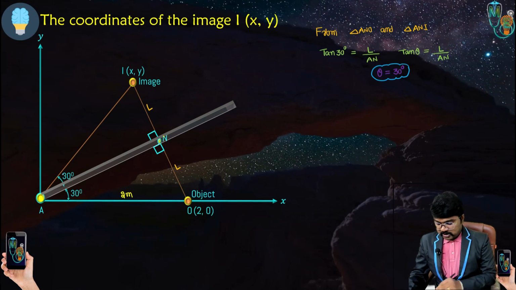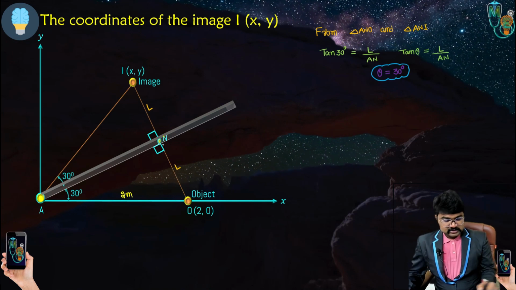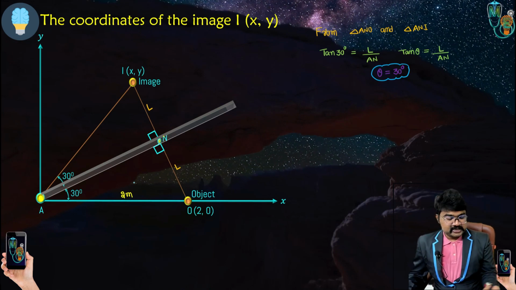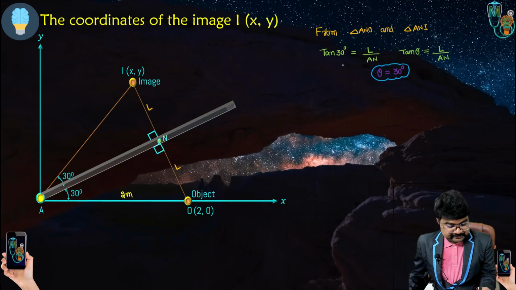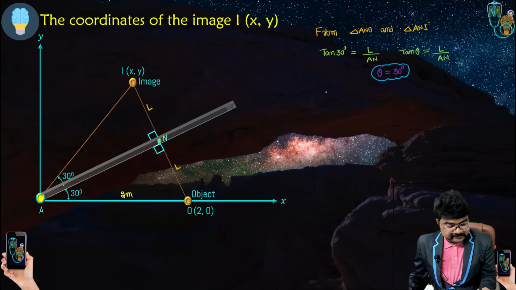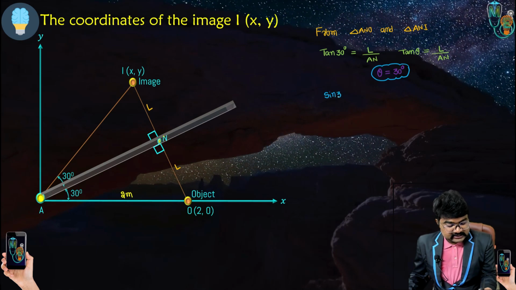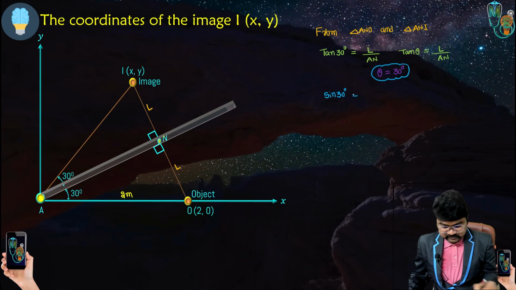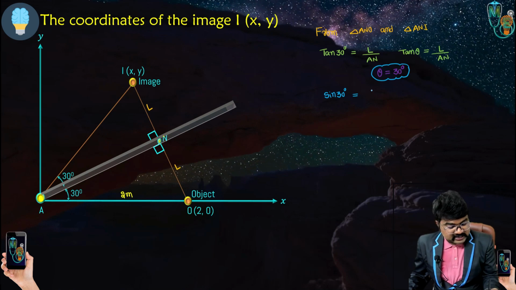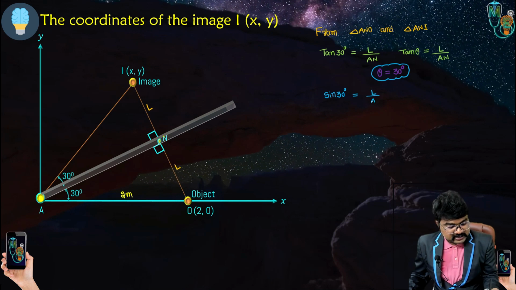From here, how to calculate AN? From triangle ANO, what is sine 30 degrees? Sine 30 degrees equals L by AN.